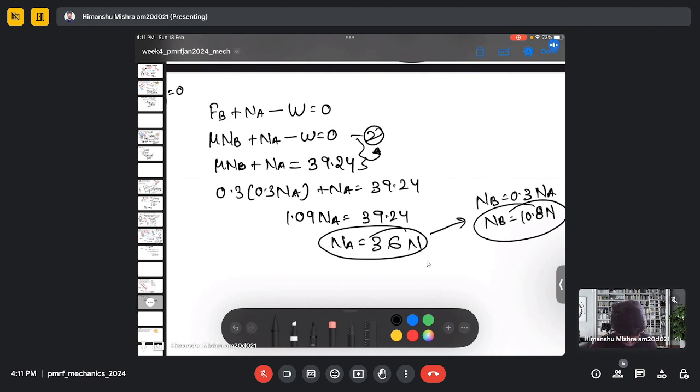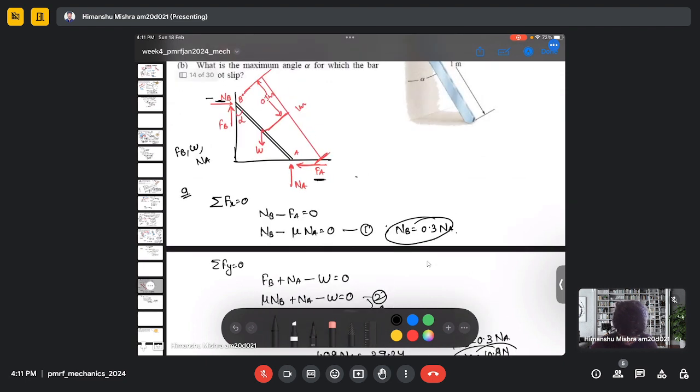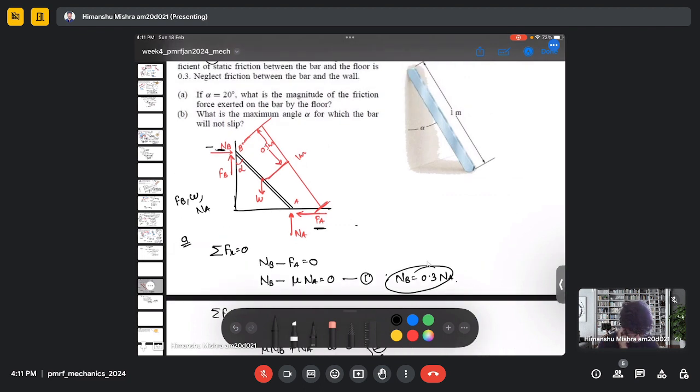And we need to find the friction force which is acting at the floor. So we need to find FA.